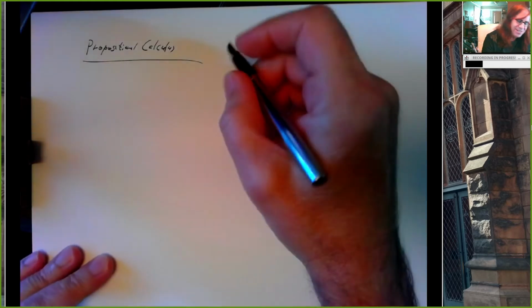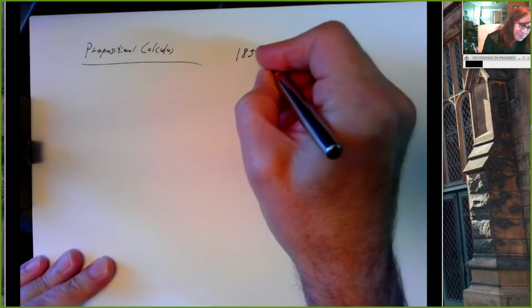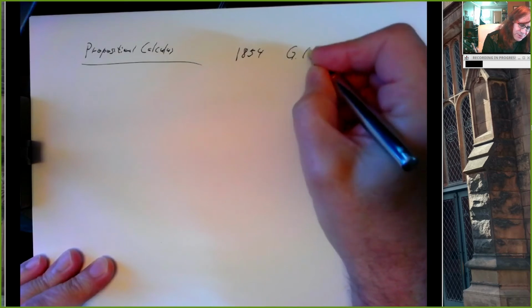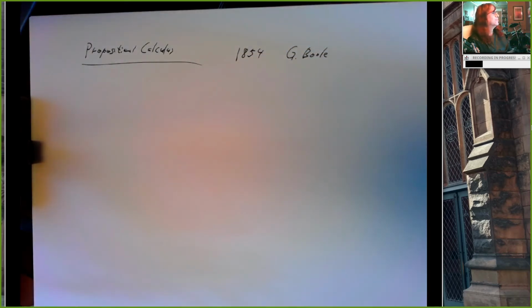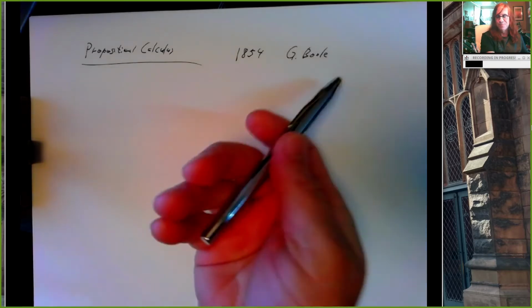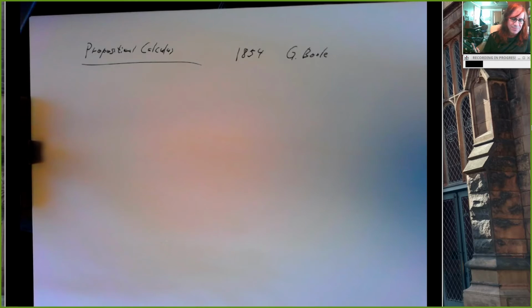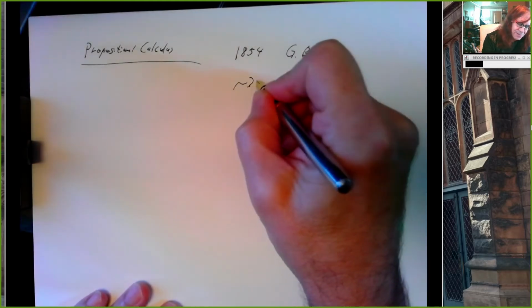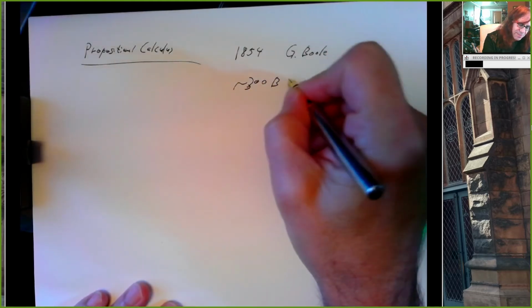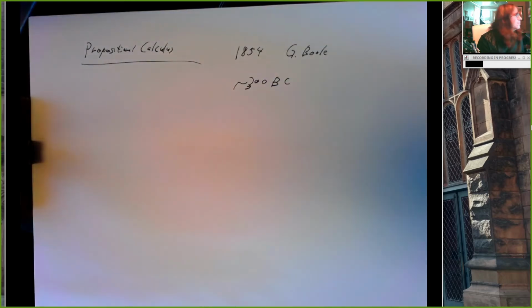So mid 1800s, a person named George Boole did a lot of work to try to understand propositions. So this is Boole as in Boolean algebra. But the first known incidents of people studying formally logic and proofs and things like this is around 300 BC, and that goes back to Aristotle.